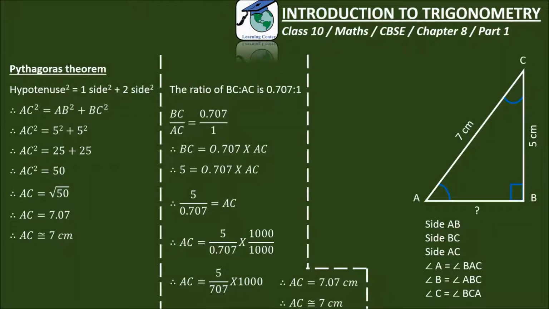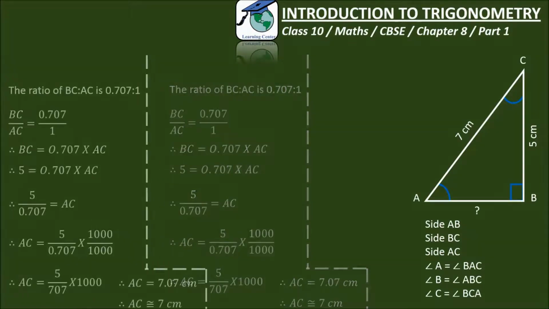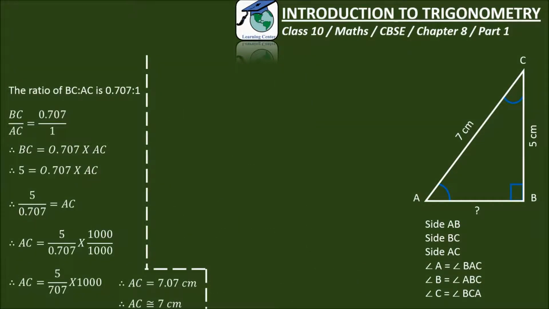All this you have already studied in earlier standard, that is Pythagoras theorem, by which you can find the third side if you know the two sides, and if you know the ratios, then you can find the values. So where is trigonometry here, or what is trigonometry here? Here is your trigonometry in this ratio.